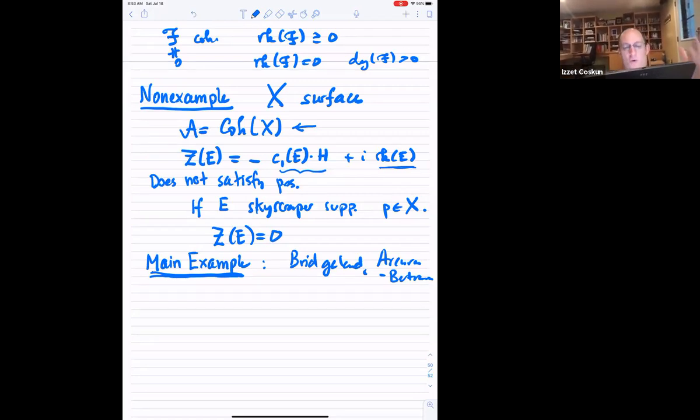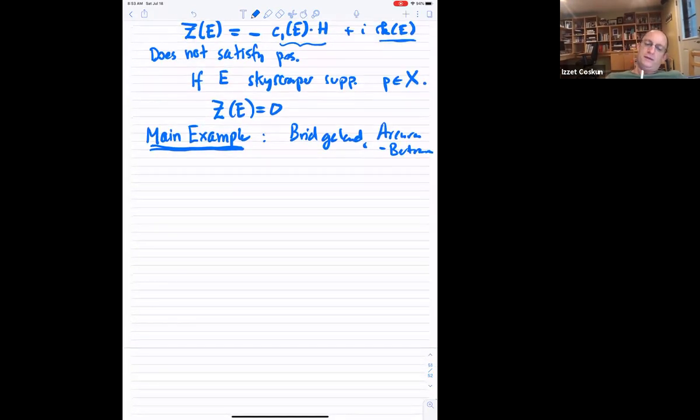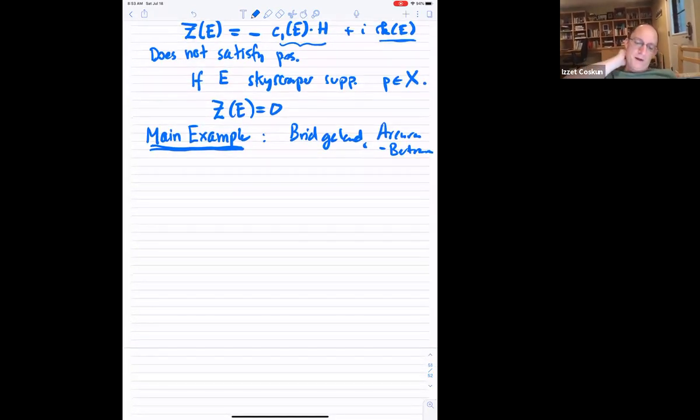The problem of constructing stability conditions on varieties is very active, especially on threefolds. But the original examples on surfaces are due to Bridgeland and Arcara-Bertram, with some contributions from people like Toda, Bayer, Macrì, and many others.